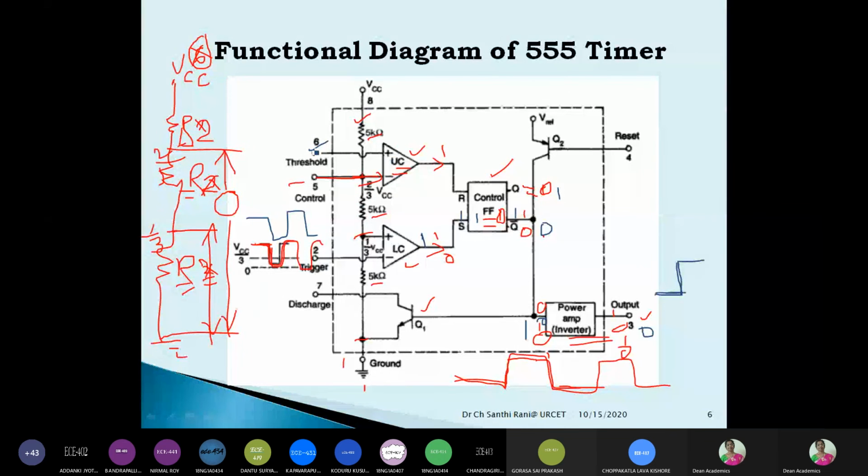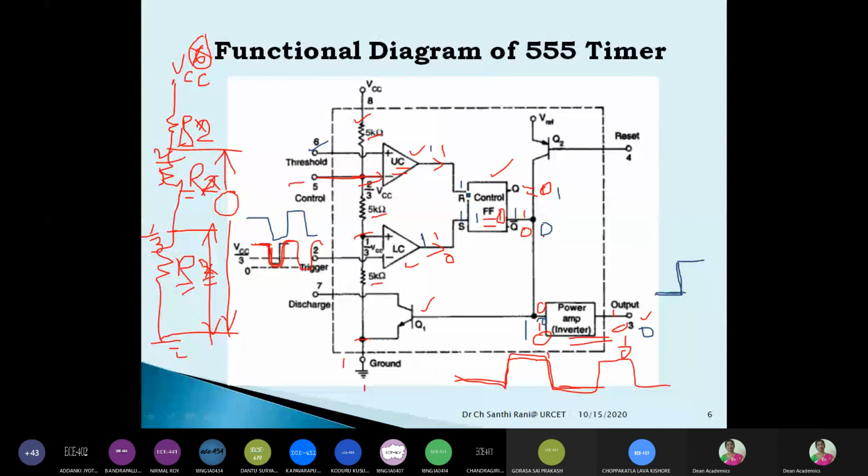Just observe that the reference voltage applied at this upper comparator is 2/3 VCC from the voltage divider. So when this input voltage exceeds 2/3 VCC, then this upper comparator will give its value 1. What is this 1? It is nothing but the reset signal 1.